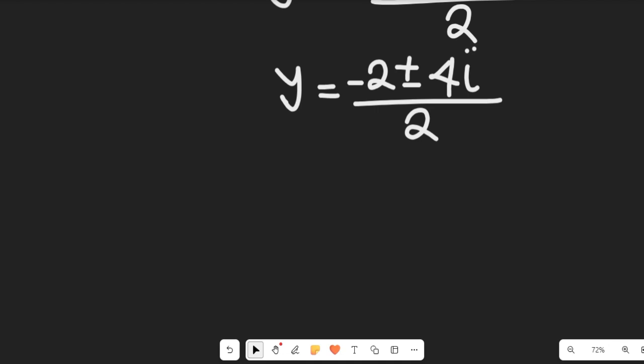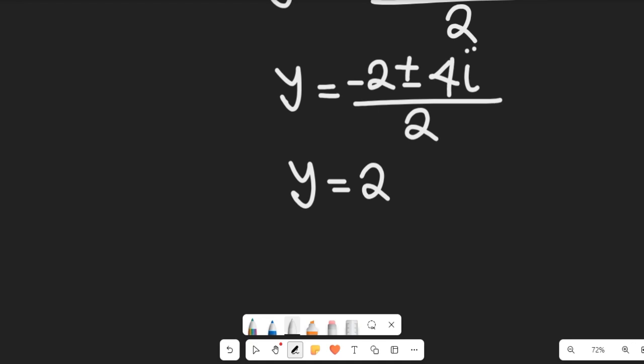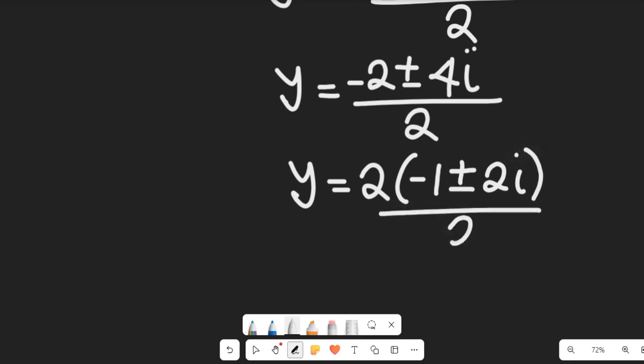Considering that 2 is common, bringing out 2, this will become negative 1 plus or minus 2j, and all of these will be divided by 2.